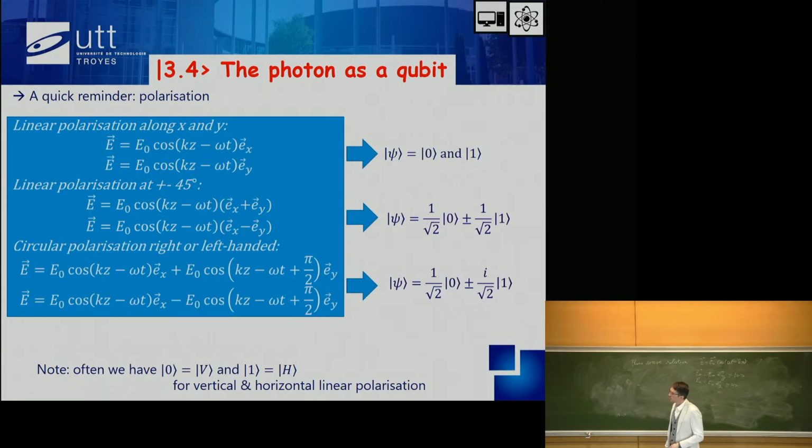In the linear polarization state along Z and Y, this state is 0, and this state is 1. So we have our 0 and 1 in the vector representation. Let's write that down.